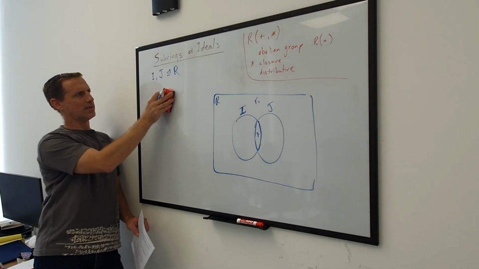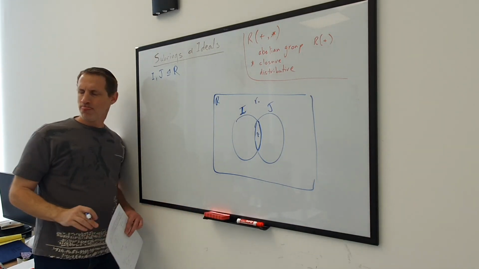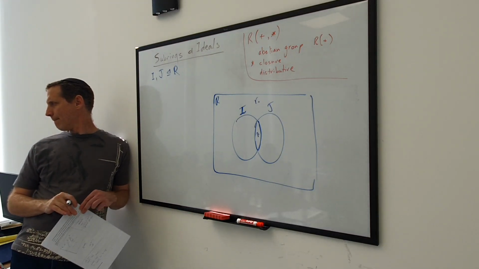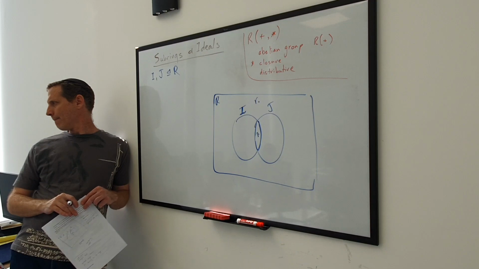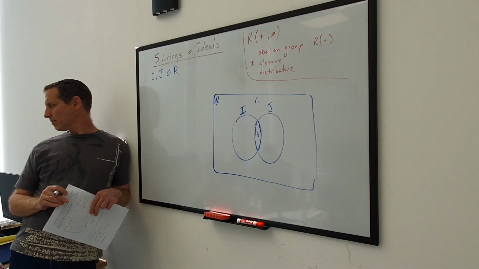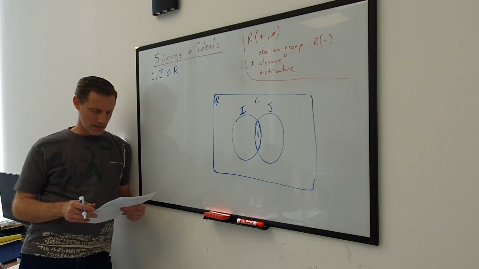This actually follows for the intersection of I and J, though not all subrings in a ring with multiplicative identity will contain the identity necessarily.